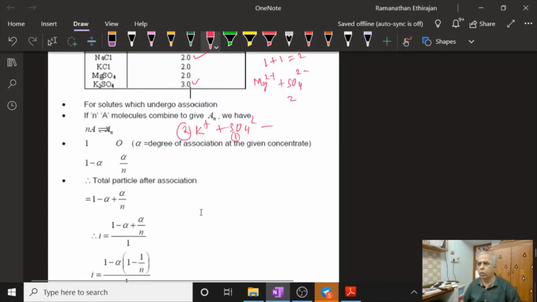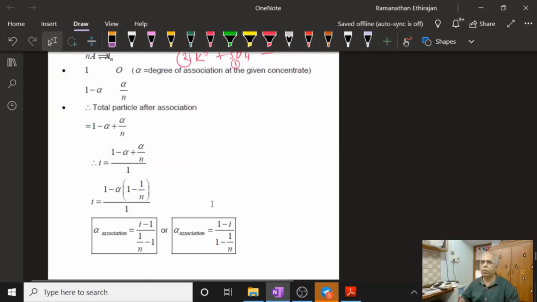Now we get i, which we have to calculate by dividing after by before. Before, it was 1. After, it was the numerator. So when we divide by 1, you get the same numerator. So you can work out similarly. So this is for association. So alpha dissociation, alpha association, you should remember.